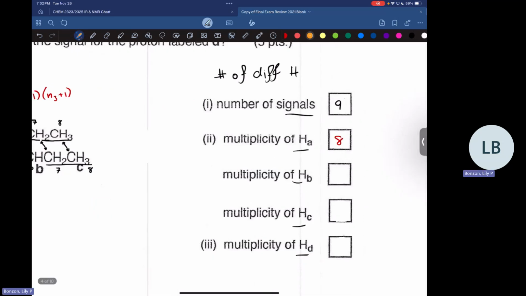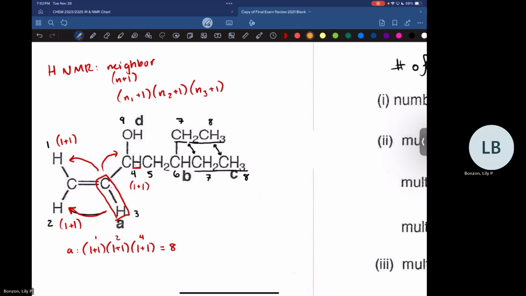Going on to HB. So this is the hydrogen that we're looking at. Our neighbor to the left, we have CH2. So our N is going to be 2 and then +1. Looking up top, we have a CH2, which was the signal we numbered 7.